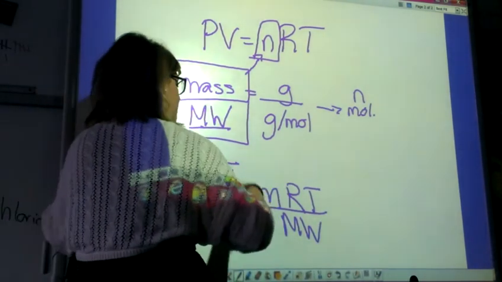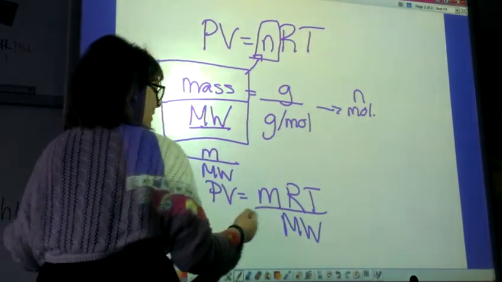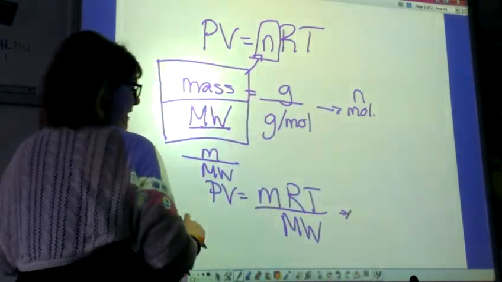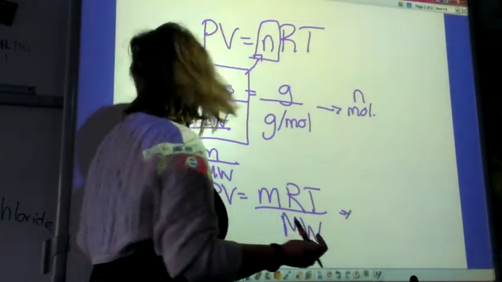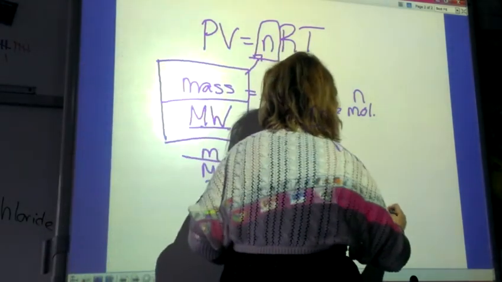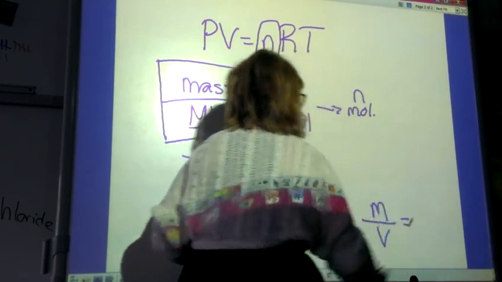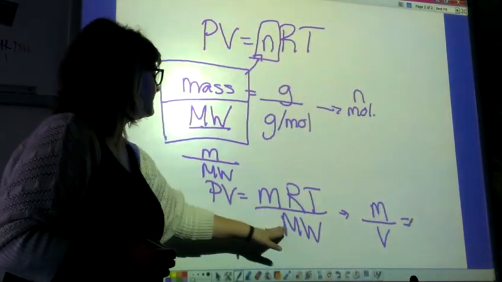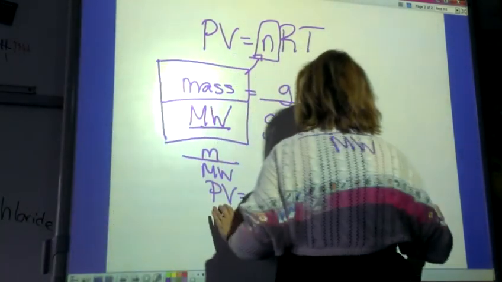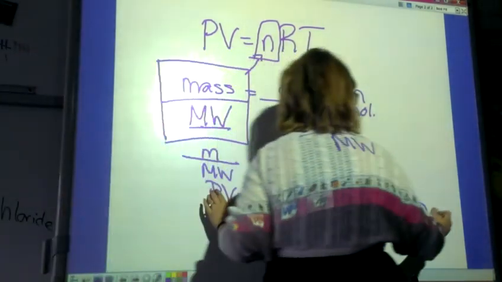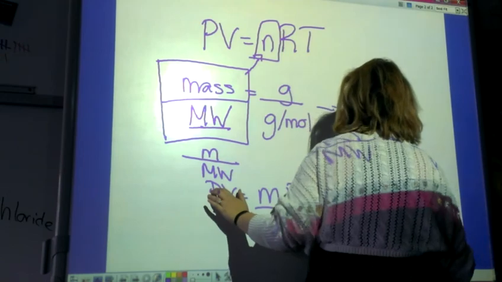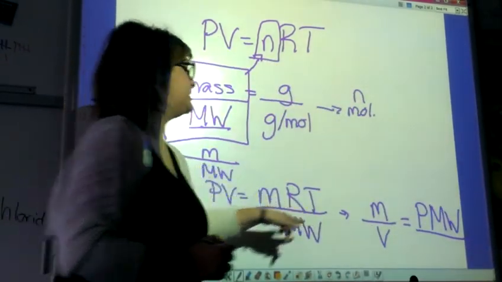Okay, if I rearrange and move this around a little bit, I want to get M over V on one side because I know M over V is density. So M over V equals pressure times molecular weight over RT.